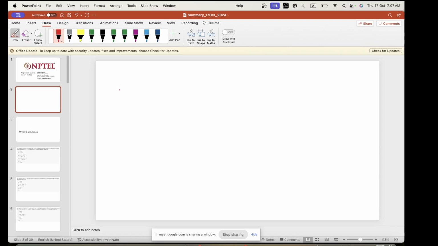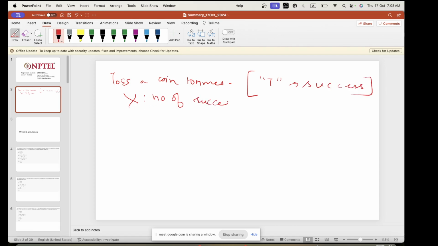Let's have a variable x, which is the number of successes when we are tossing a coin 10 times, and we say that tail is a success. If your random variable is the number of successes in n equal to 10 trials, here your trial is a toss.